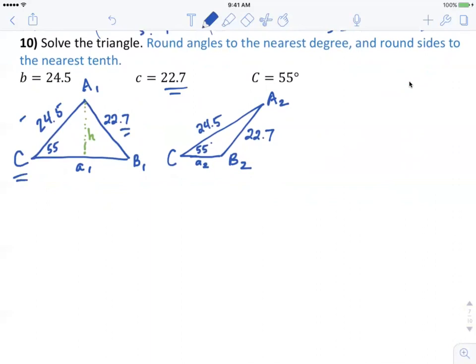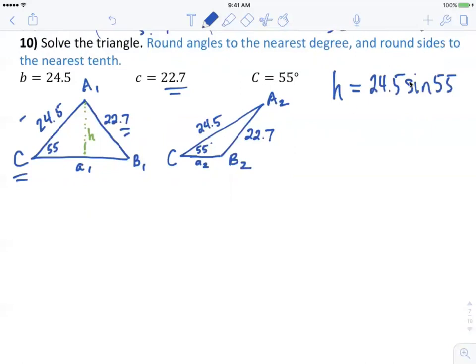Okay, so when I'm looking at this setup, there's an H there, the height of that triangle. To see how many solutions I'm going to have, I'm going to find H on this one because the 22.7 is less than the 24.5, which means you might have 2 or 0. And to know for sure, I'm going to find the height, which is always that side adjacent to the angle times the sine of that angle.